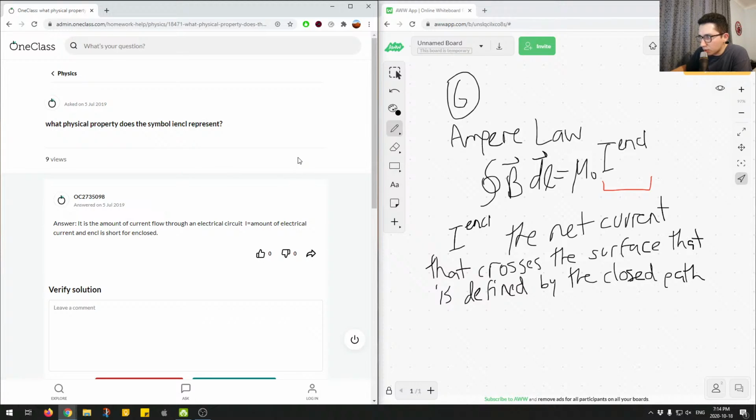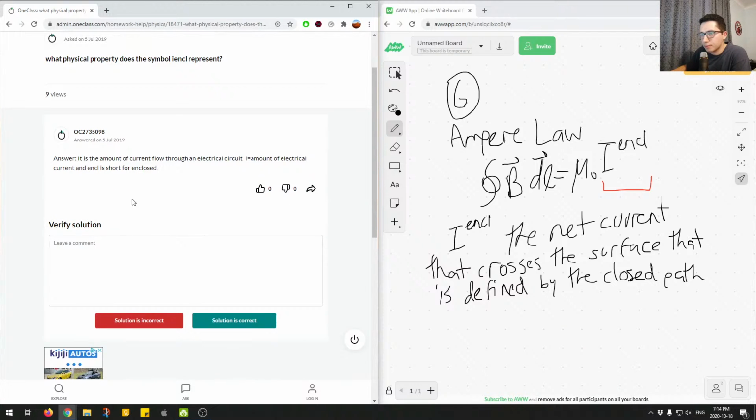It's the current enclosed in the closed path defined by this integral for an electrical circuit. So we'll mark this answer as correct. Correct answer, great job. And we'll move on to the next question.